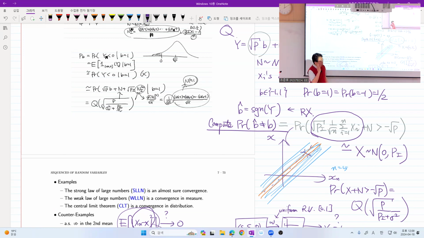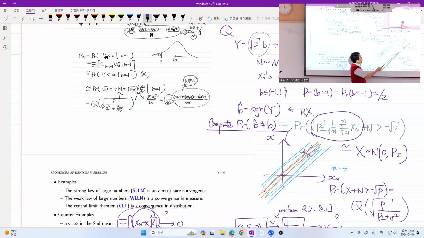Now, what is our objective? We want to show that this probability is very close to that probability when n is sufficiently large. For that kind of convergence, convergence in distribution is actually enough, right? We just want to show that, let's say, this is the random variable, and what is its CDF?